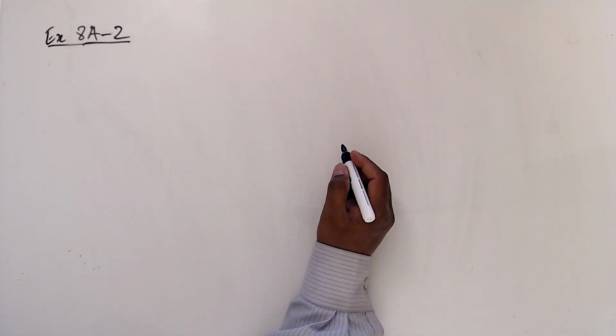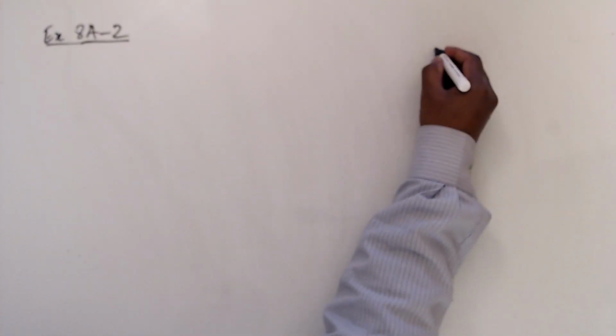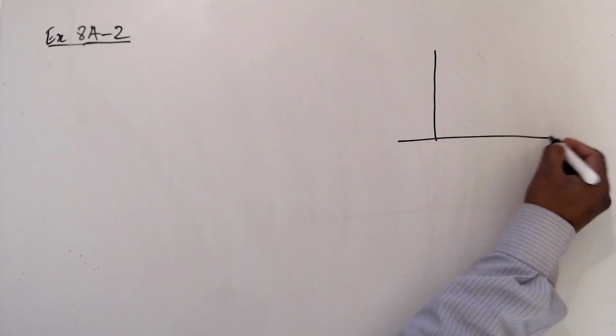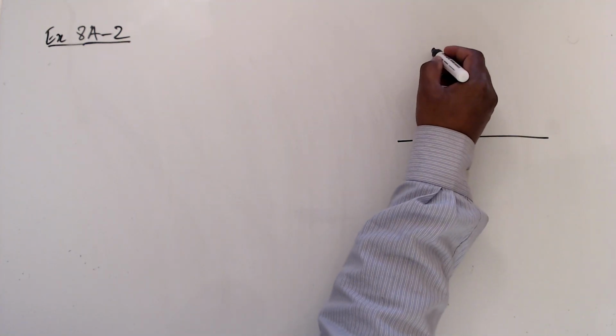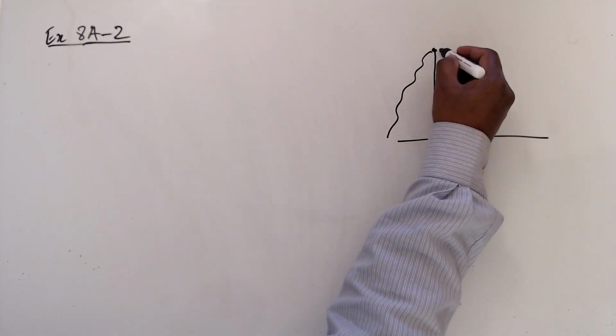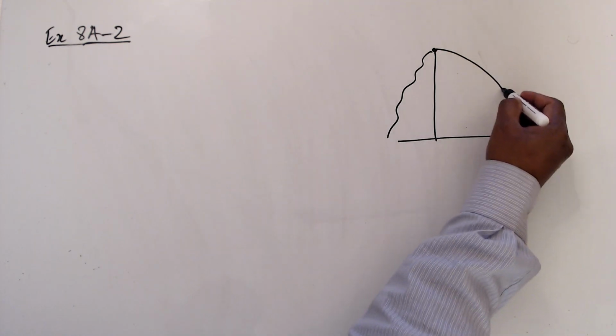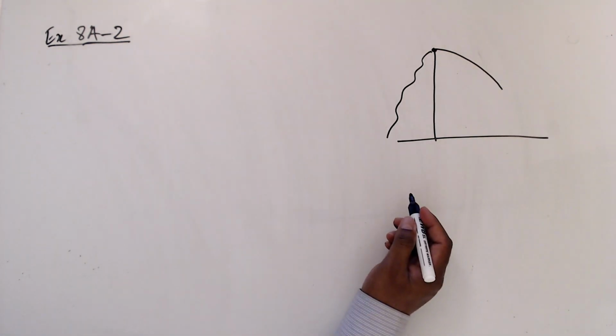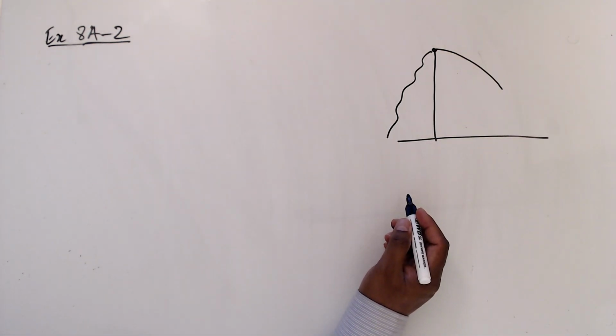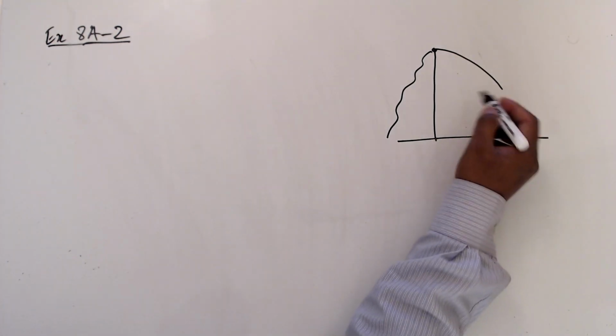Question number 2. A stone is thrown into the sea from the top of a cliff. So this is the cliff. A stone is thrown, and the height of the stone above sea level is h meters.